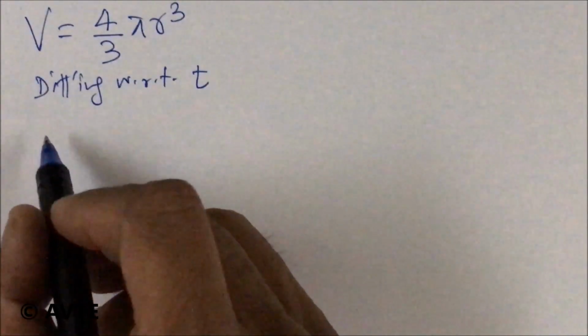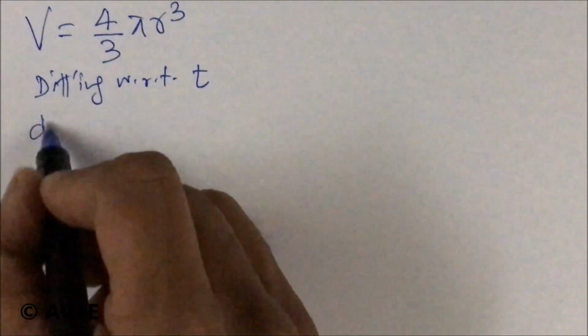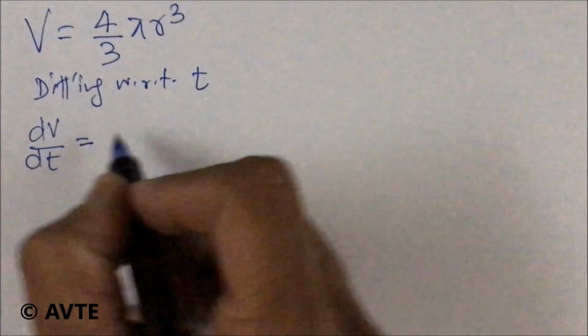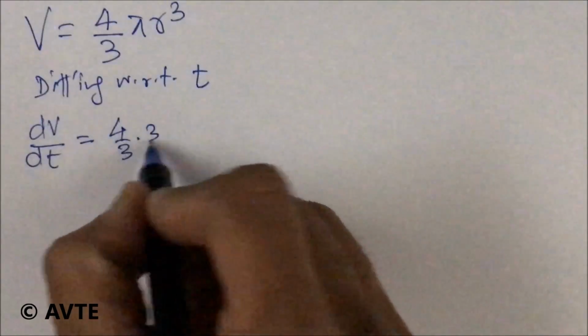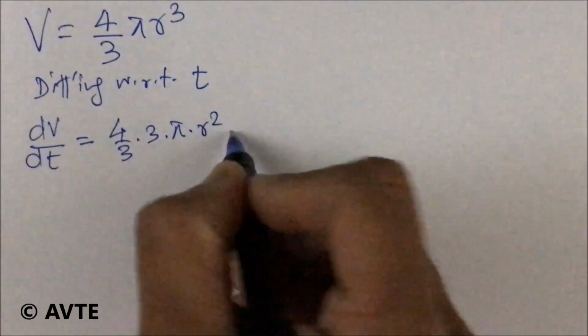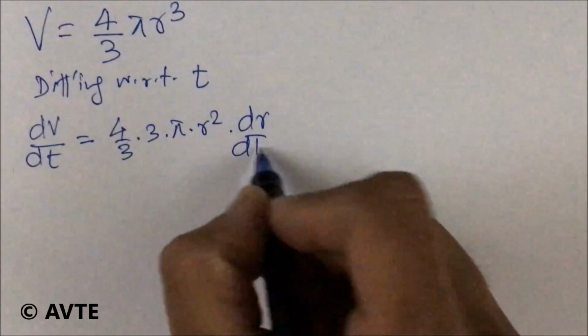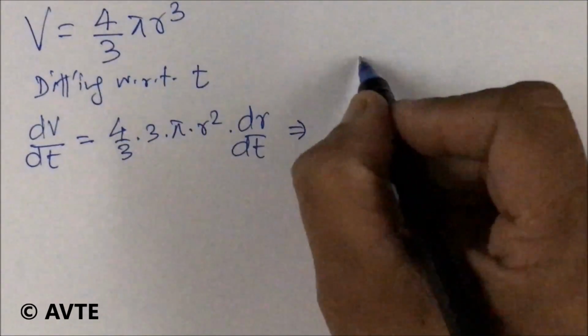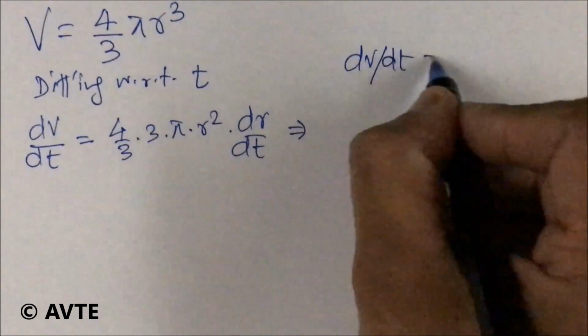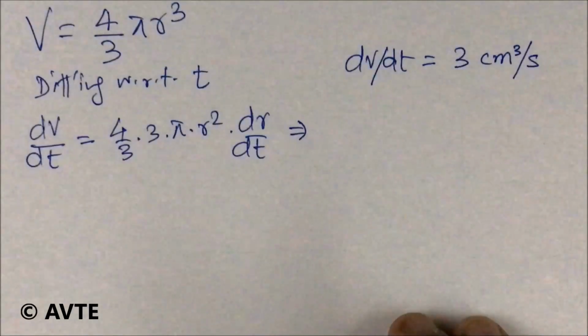Since it's a 2 marker, you can skip this. You can straight away write dV by dt, which is... and we are given dV by dt, which is 3 cubic centimeter per second.